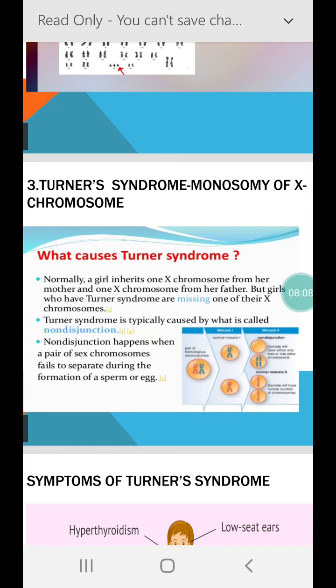But girls who have Turner syndrome are missing one of their X chromosomes. This is caused because of non-disjunction. Non-disjunction happens when a pair of sex chromosomes fails to separate during the formation of a sperm or egg.